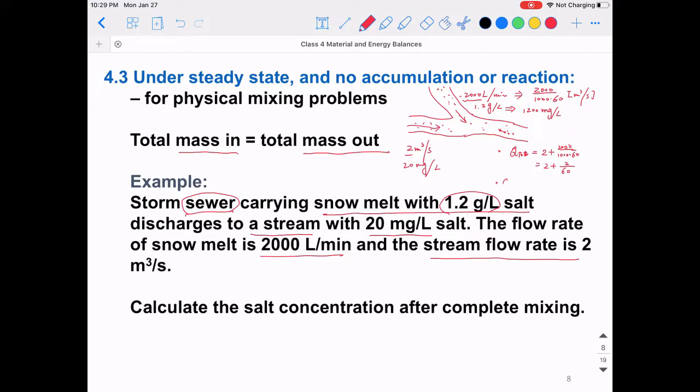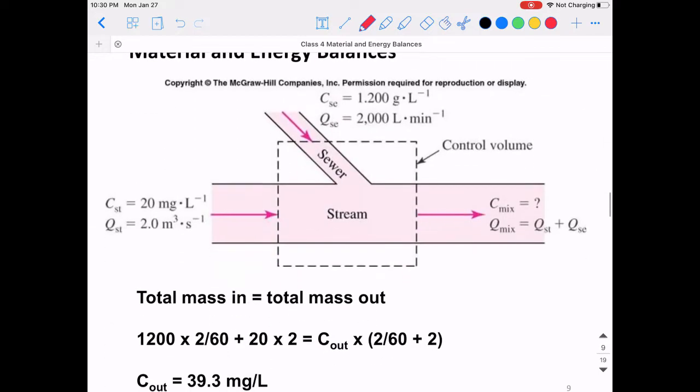So we can build up the relationship of C in multiplied by Q in, or C1 multiplied by Q1, plus C2 multiplied by Q2, is going to be equal to C mix multiplied by Q total. Then we can start to plug in these numbers.